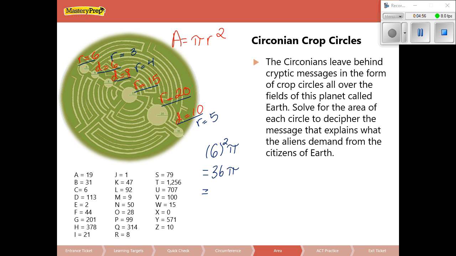As we can see here, none of these actually are left in terms of pi. So if we round that, we would get what? 113. And which letter does that correspond to? D. Okay.